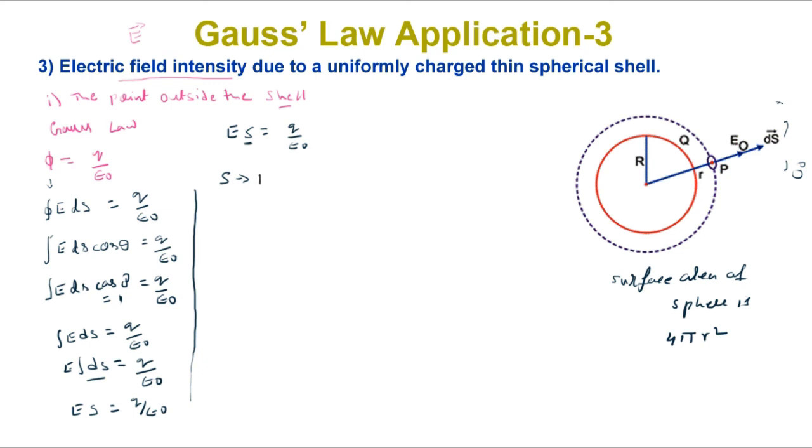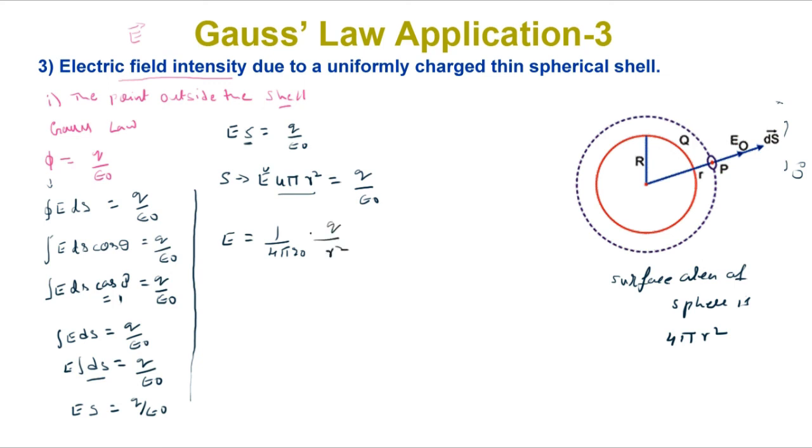So E into 4 pi r square is equal to q by epsilon naught. Our target is E, so 4 pi r square goes to the other side, and E is equal to 1 by 4 pi epsilon naught times charge q divided by r square.